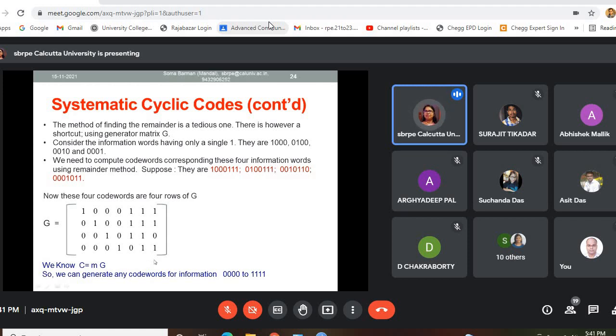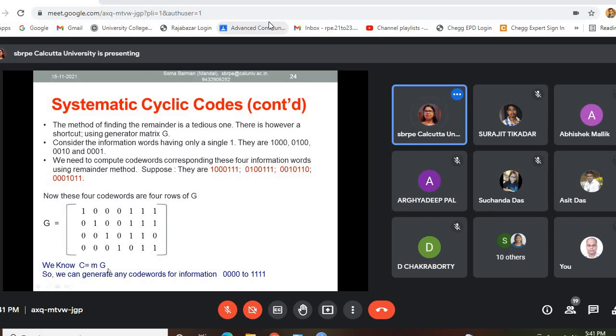And any of the rest of the code words can easily be computed by matrix multiplication. Any code word can be generated by m into G, and it will give the same result.